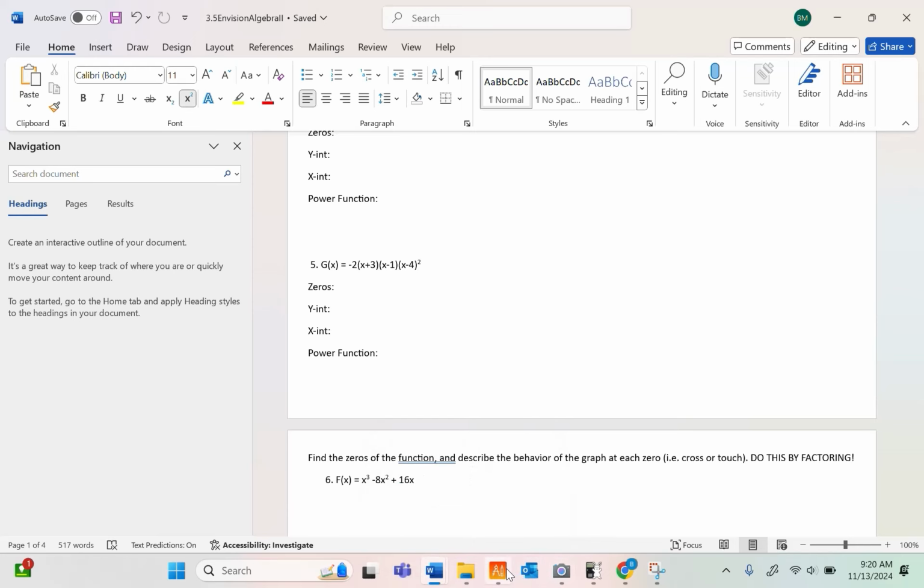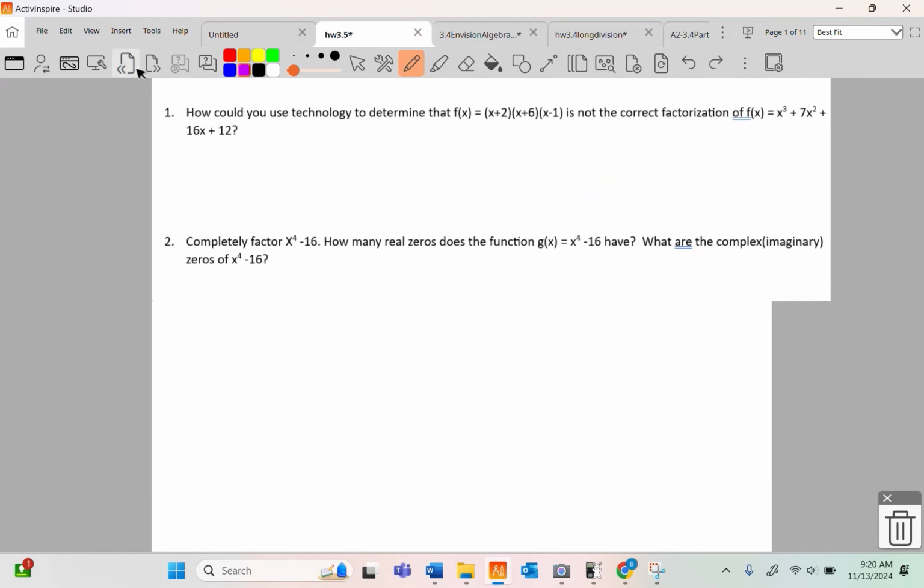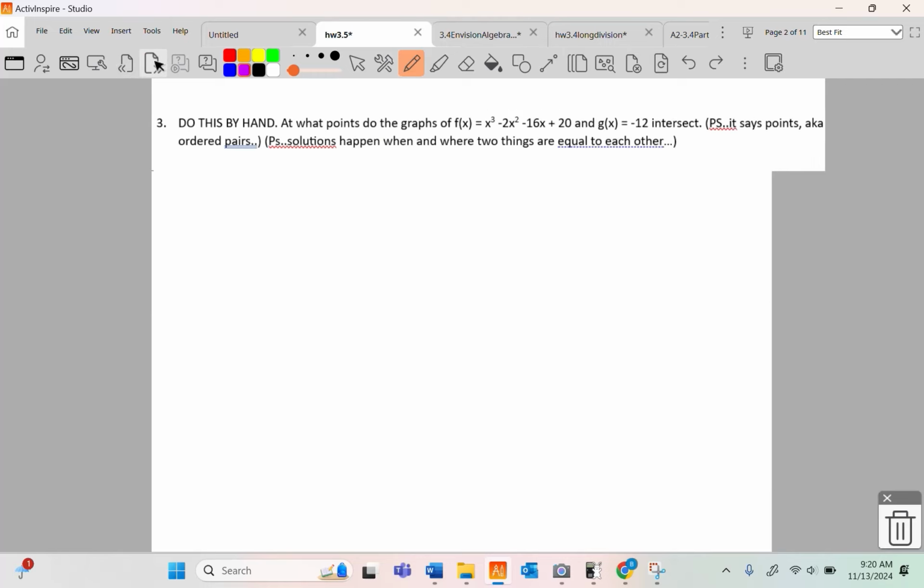Back to the previously scheduled programming here. Now this talks about doing it by hand, where these graphs cross paths and so forth. And it says do it by hand, so evidently it works out.